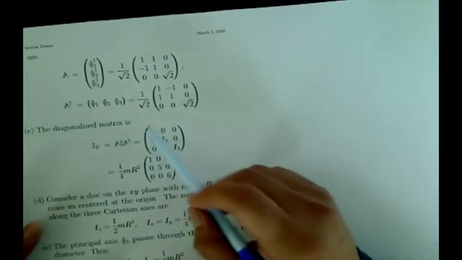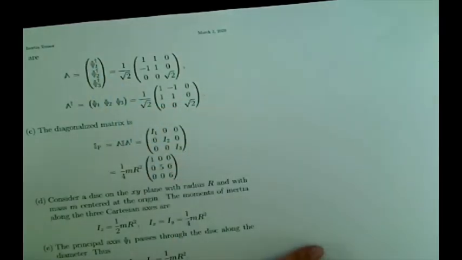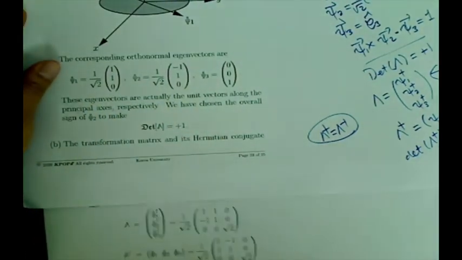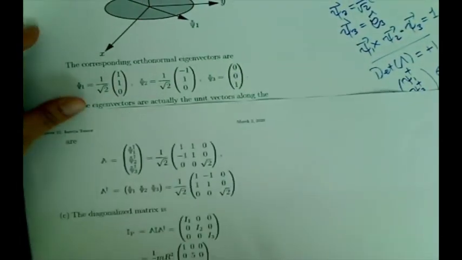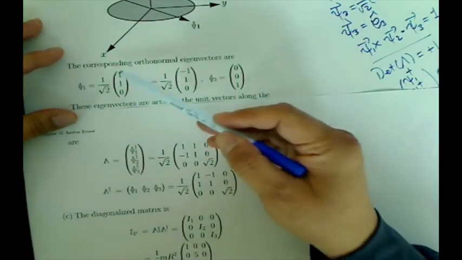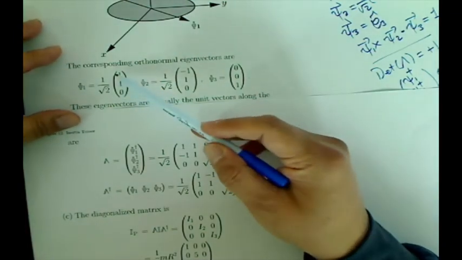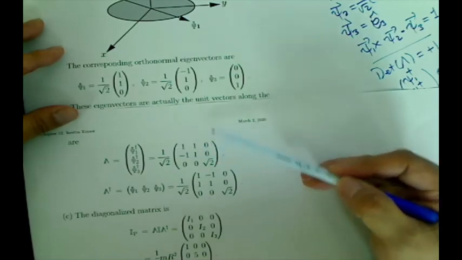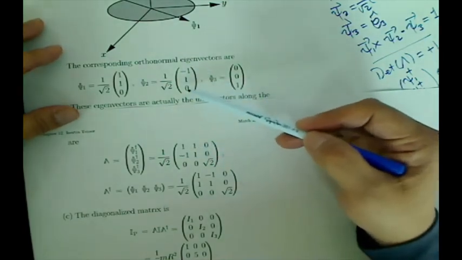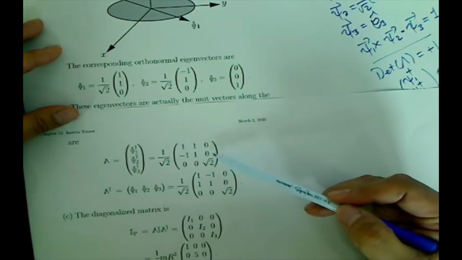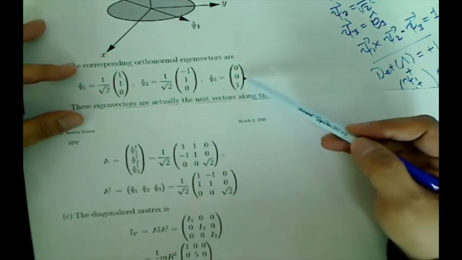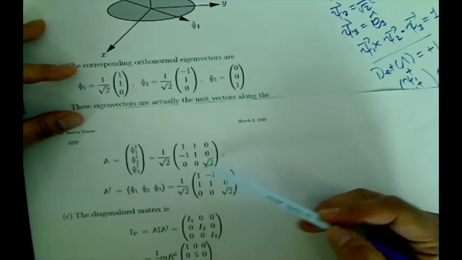So in summary, we bring these three values for the eigenvectors. The Hermitian conjugate of this eigenvector is 1 over square root 2 times this. The Hermitian conjugate of this will be minus 1, 1, 0, with the factor 1 over square root 2. The Hermitian conjugate of this will be 0, 0, 1.